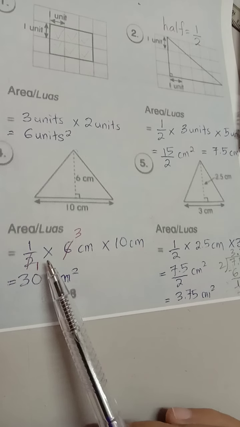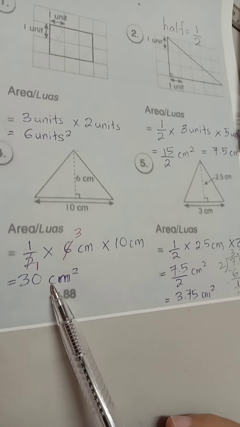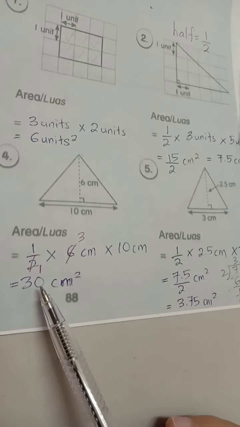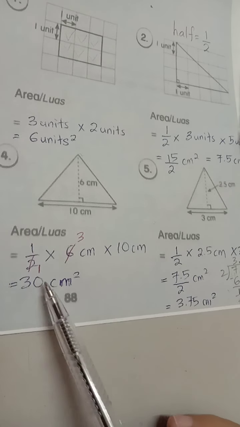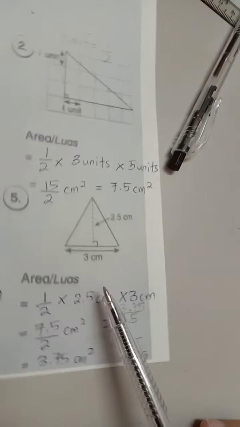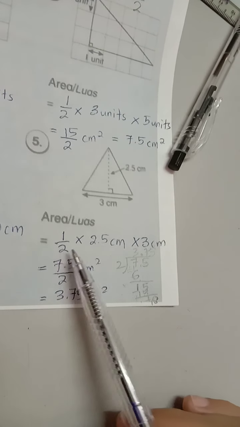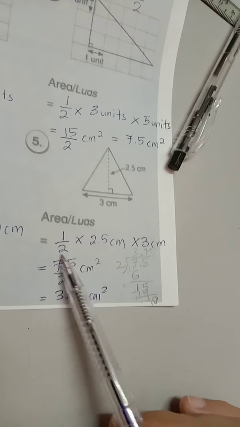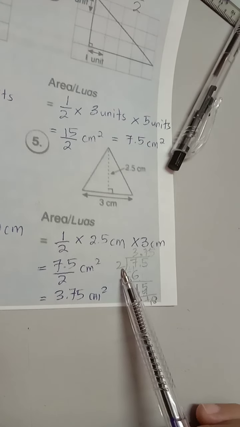Whatever you divide with 1 is still give you the same answer. So this is actually 30 over 1. So 30 over 1 is still 30. But here, since you cannot simplify this number 2 here, you still have number 2 at the bottom here. It means you need to divide by 2.